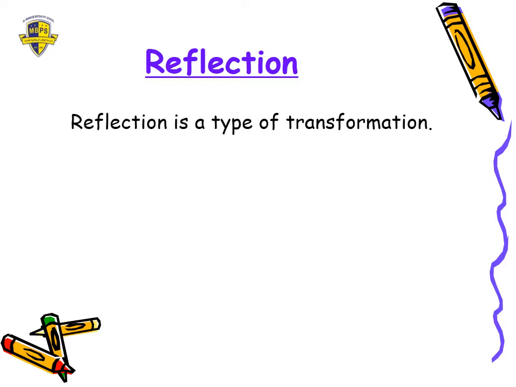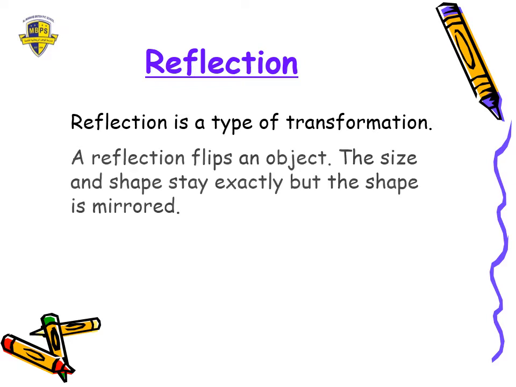Excellent. So reflection is exactly like the mirror line, and this is a type of transformation. Reflection means we flip an object, the size stays the same, we only mirror it, like you are standing in front of a mirror.